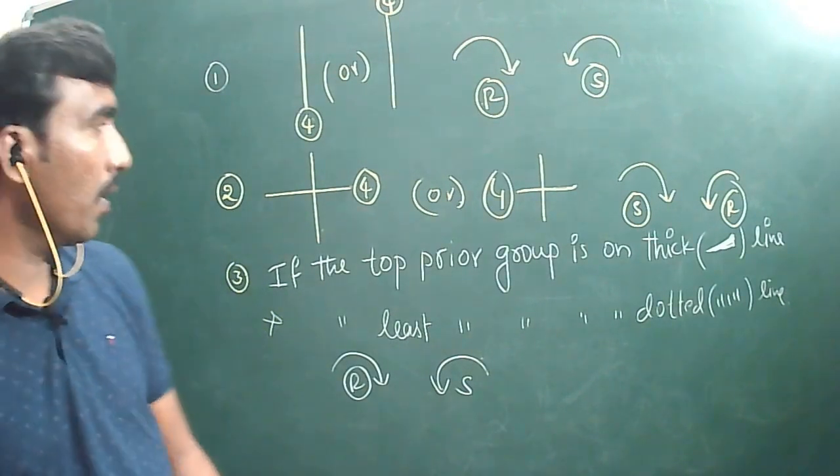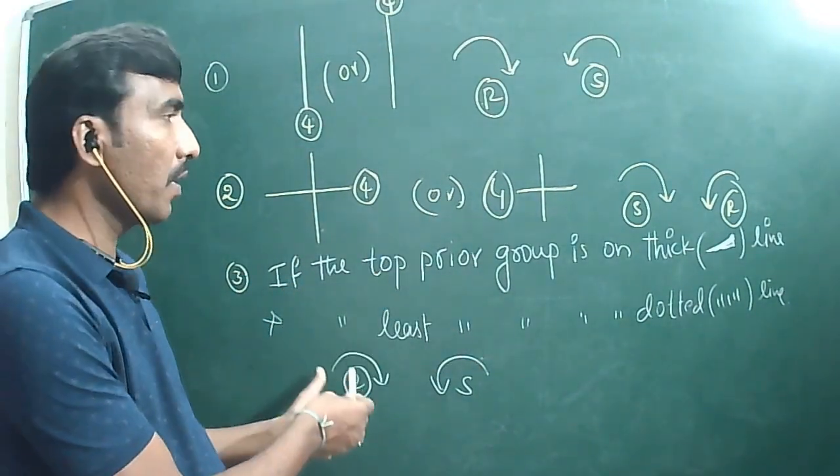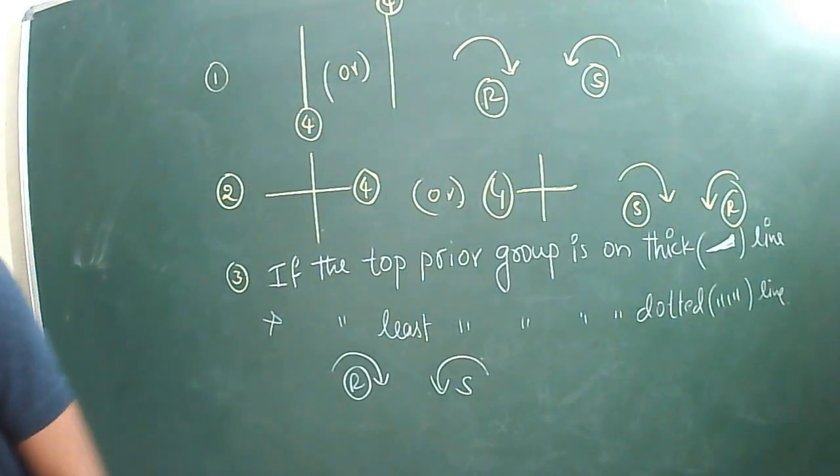And similarly, if the top priority group is on dotted line and the least priority group is on thick line, reverse.